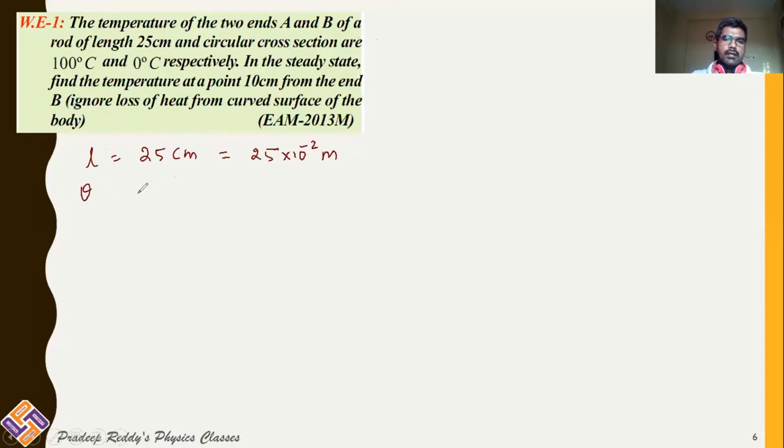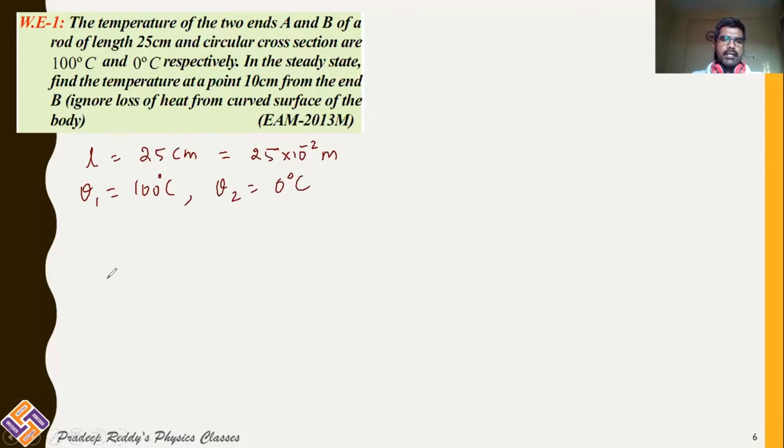Theta 1 is equal to 100 degrees Celsius. Theta 2 is equal to 0 degrees Celsius. In the steady state, find the temperature at a point 10 centimeter from end B. Ignore loss of heat from the curved surface of the body.